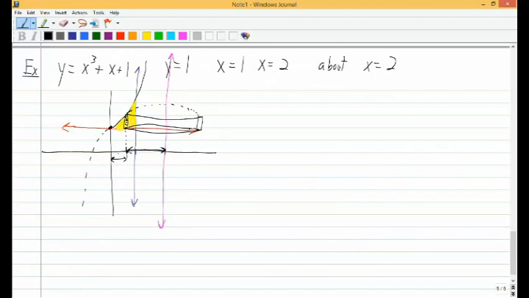We want to say, how many units was it out here to the center? 2. That's the line, x equals 2. We want to say 2 minus whatever x we're at, and that will give you the distance here. So the average radius, the p of x, is 2 minus x. That will give me the distance from here to here, saying 2 minus x.